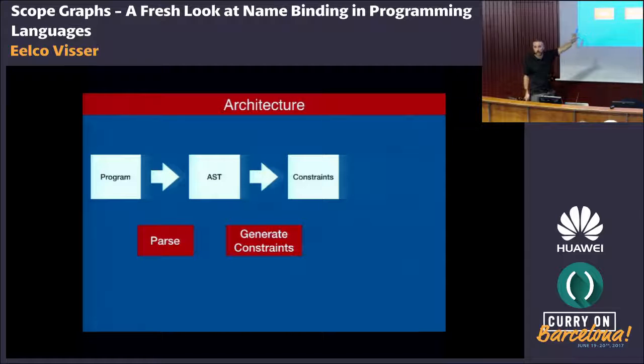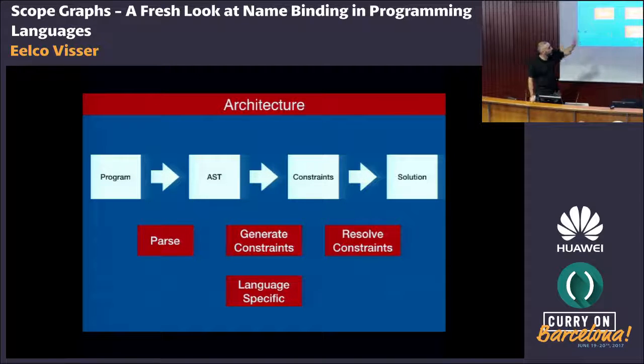From that AST we generate constraints, and these constraint generation rules are language specific. That's what the language designer expresses. And then given a set of constraints, we resolve these constraints, and that gives us a solution, and that operation is language independent. So we can reuse this architecture for a range of languages.